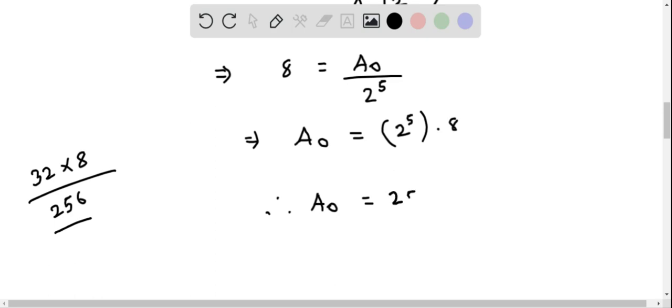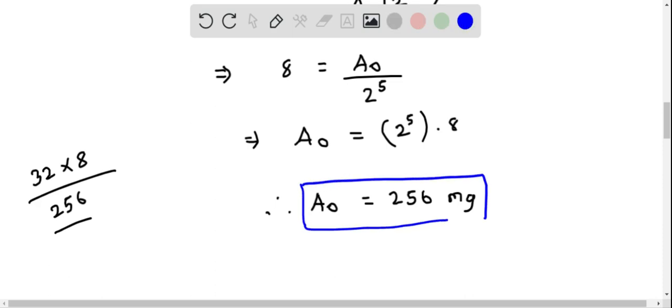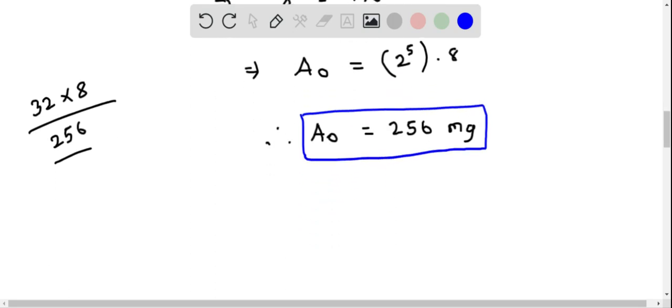So A naught equals 256, and this should be in milligrams. Therefore, the initial amount of the radioactive substance, represented by A naught, equals 256 milligrams. This is the initial amount of the radioactive substance.